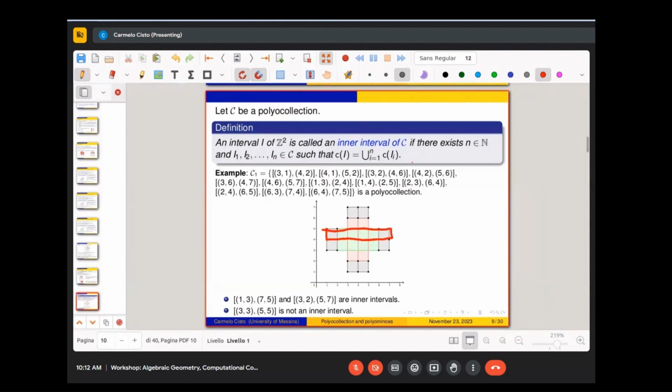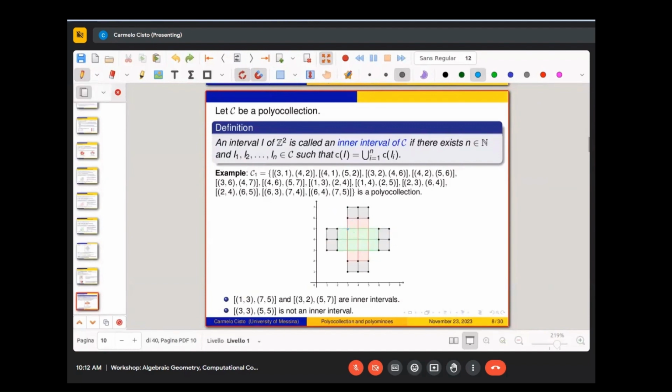This interval is an example of an inner interval because it is the union of this one and this one. Okay, so this one belongs to the collection, this one belongs to the collection, and this one belongs to the collection. So their union, that is all these intervals, is an example of inner interval.